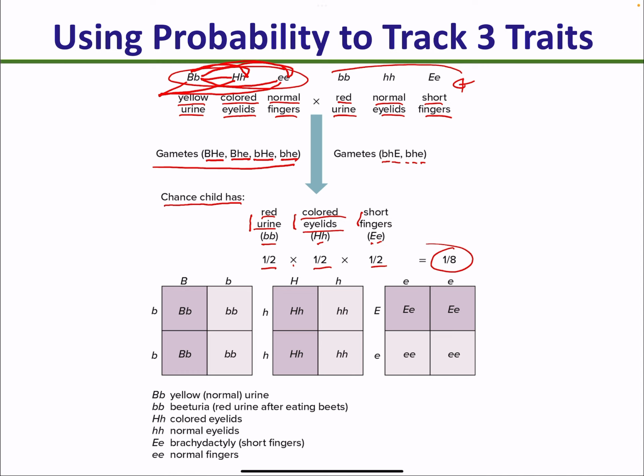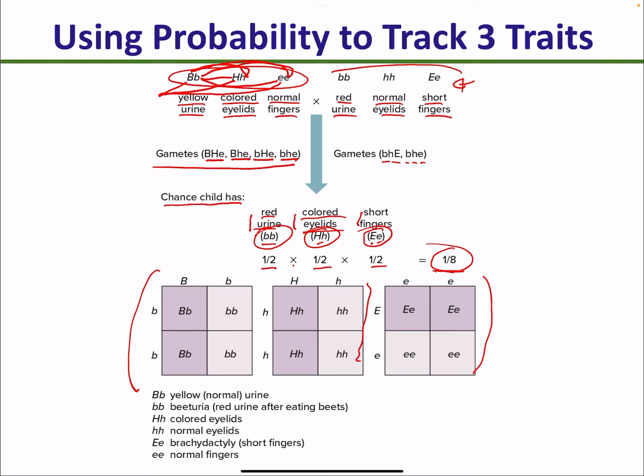In order to determine this, you have a Punnett square right here, another one right here, another one right here, and you run each Punnett square independently of each other. And now you start counting the number of times this event is happening, this event, and this event.